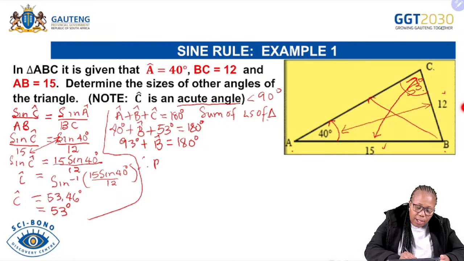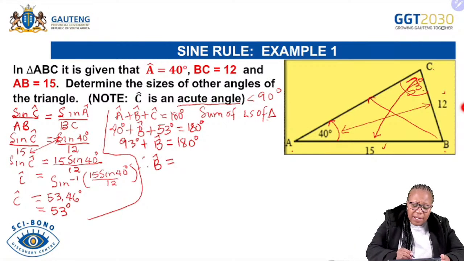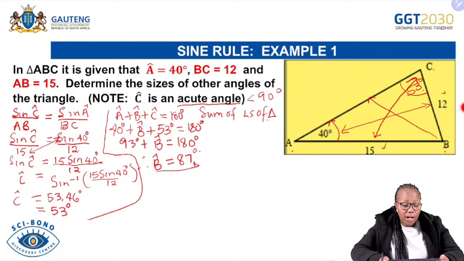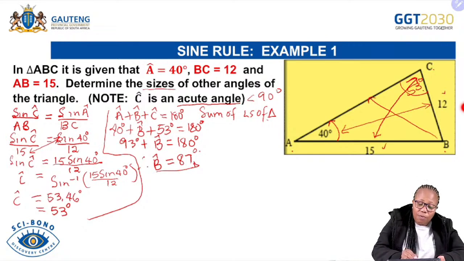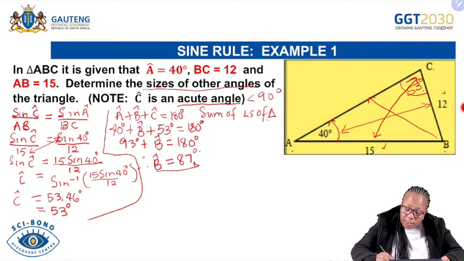Therefore, angle B will be how much? 180 minus 93 gives us 87 degrees. Therefore, grade 12, we have calculated the size of all the angles as was expected from us. So B is 87.